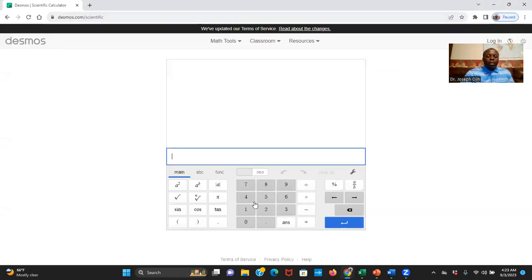As you can see, on the calculator I have here, $1,000 times 0.09 gives $90 every year, or every 6 months. Now, this is for one bond. If you have 100 bonds, that means you multiply this by 100.